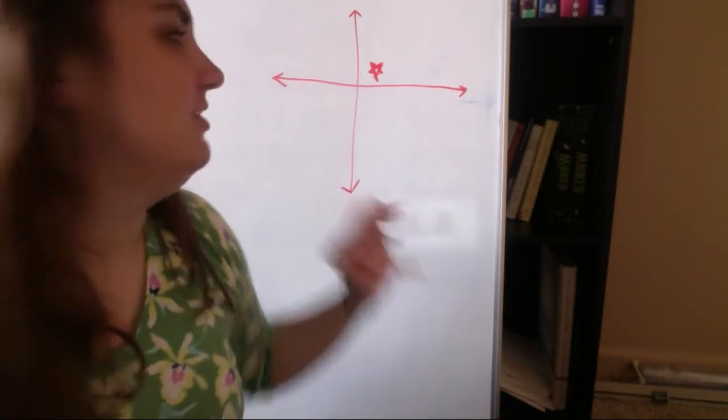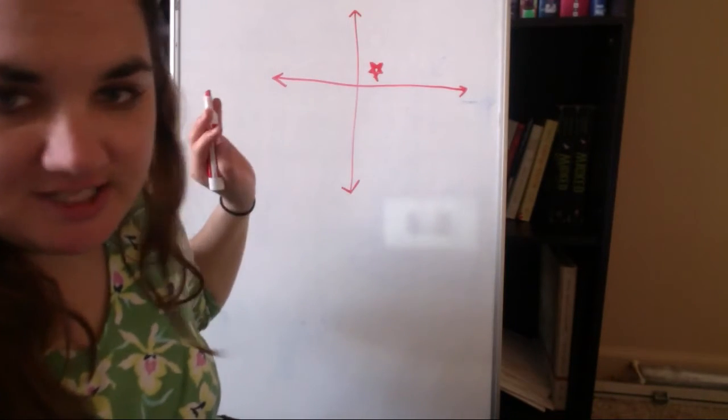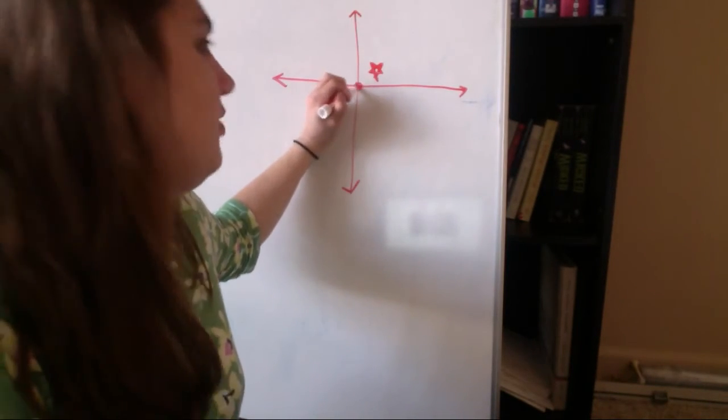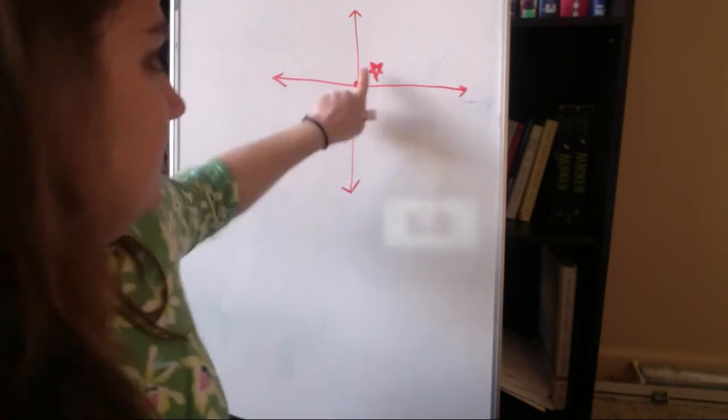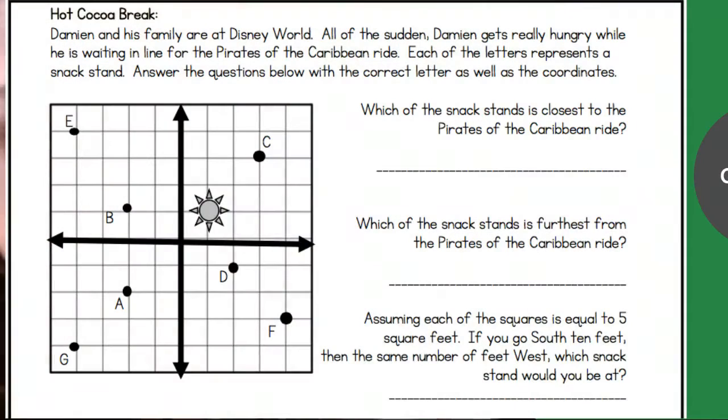So this is our coordinate plane, just like I was talking about before. Usually when we're graphing, we start at the origin, right? Which is this 0, 0 in the center. This star that you see on your screen represents the Pirates of the Caribbean ride. Let's see, then there's a C, which I already did backwards.